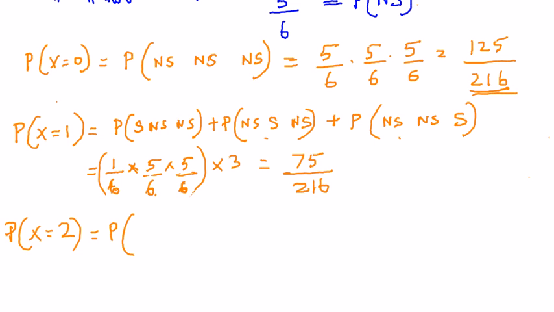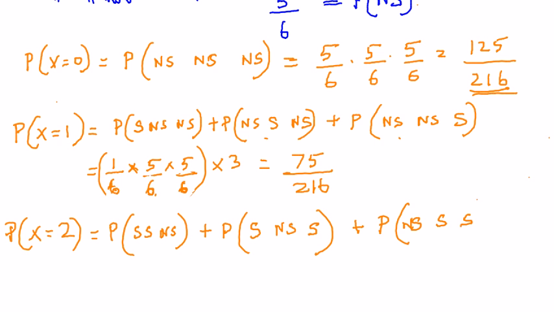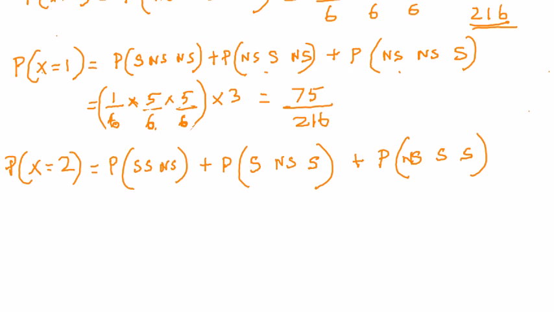Now the third situation, where I'm getting two sixes. So the first 2 times I'm getting a 6 and the third time I'm not getting a 6. Then the first dice shows me a 6, the second does not, and the third dice shows me a 6. And the first dice does not show me a 6, but the second and third dice show me a 6. So in this case also the probability is 1 by 6 into 1 by 6 into 5 by 6, and I'm going to do it 3 times, because the other cases will also be the same.